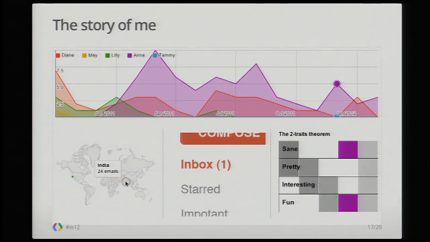Should you accept that 2 out of 4 is what you should settle for, or should you follow your dream and try to find that magical 4 out of 4 woman? I was in India for a month, and let me ask you guys, should I follow my dream or should I settle for 2 out of 4?